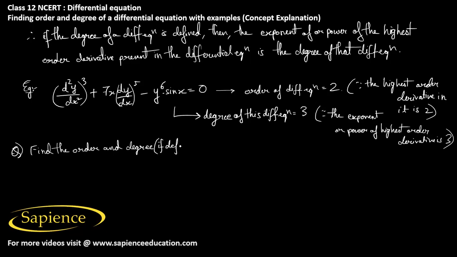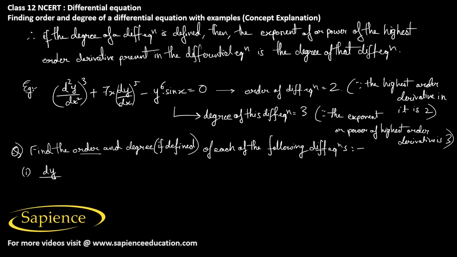Since degree is not always defined, we have to find the order and the degree, if defined, of each of the following differential equations. The first one is dy/dx − cos x = 0.